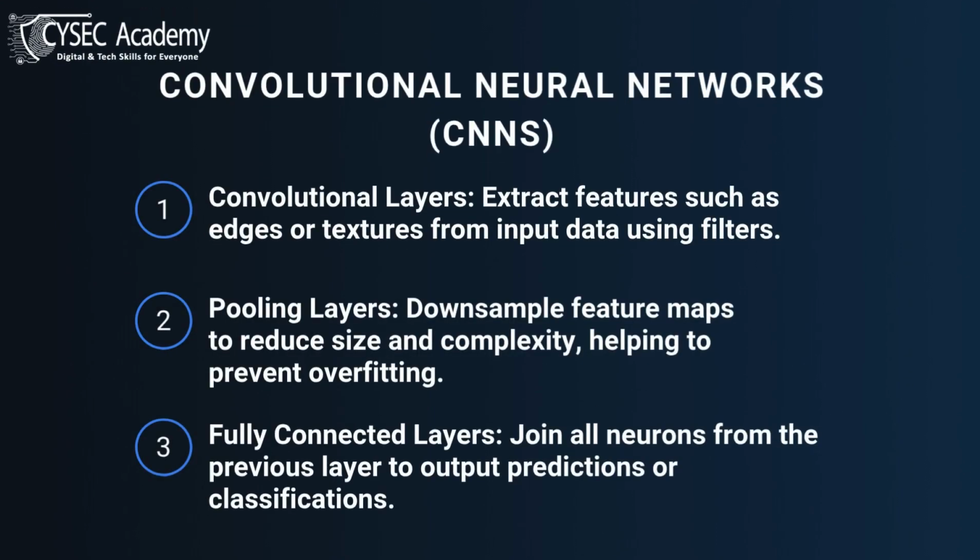Let's explore each component. 1. Convolutional layers use filters to detect features like edges in the input data. 2. Pooling layers reduce feature map size to simplify computation and prevent overfitting. 3. Fully connected layers link all neurons to make final predictions or classifications.